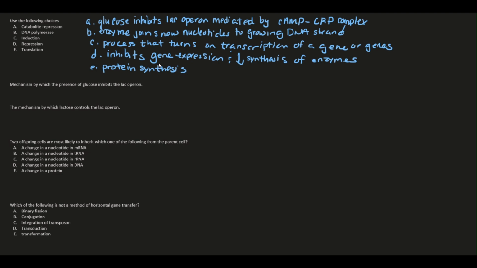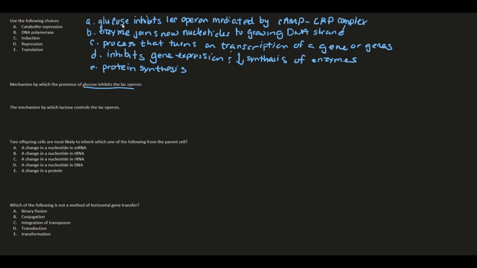All right, now that we have our terms, let's go to our first multiple choice. Mechanism by which the presence of glucose inhibits the lac operon. Which one gives us that glucose inhibits the lac operon?